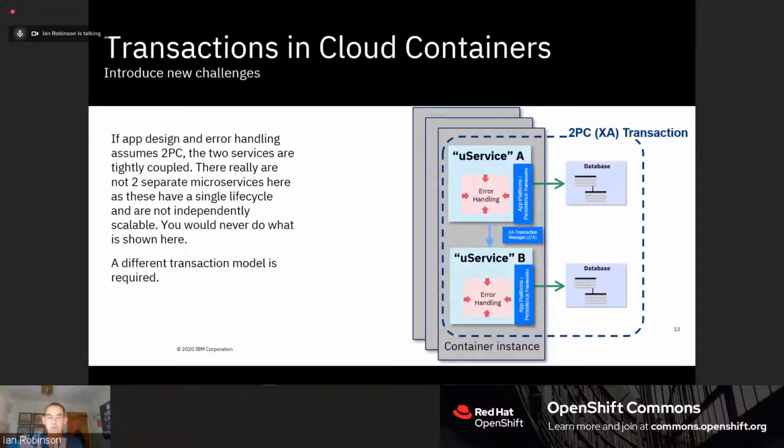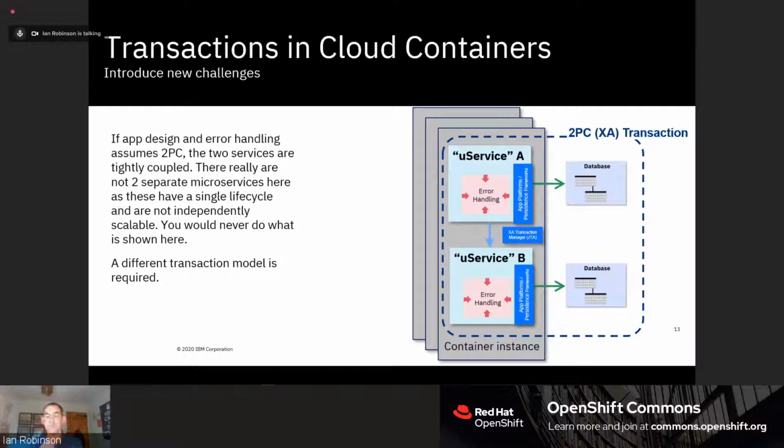And I've put microservices in quotes here because they're not really two separate microservices. You're going to end up having to deploy those in the same container instance if they have an expectation that they will interact with data in an atomic fashion.